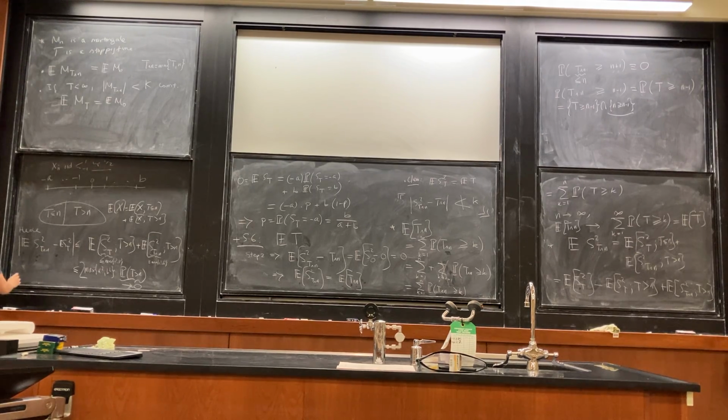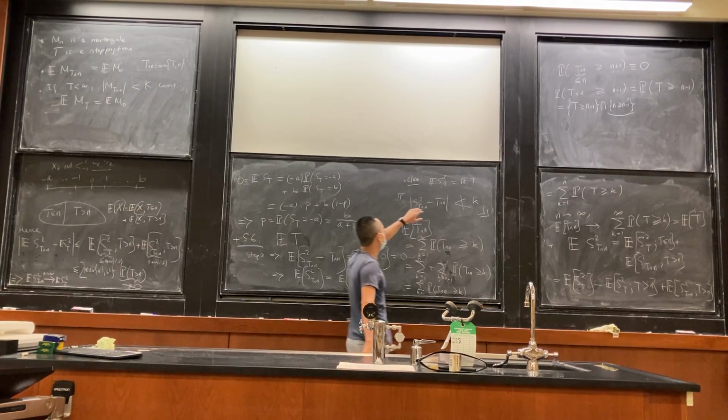So indicating the expected value of S squared T min N is going to the expected value of S_T squared as n goes to infinity. Okay. Well, so that's why we prove the claim. We have the claim over here.